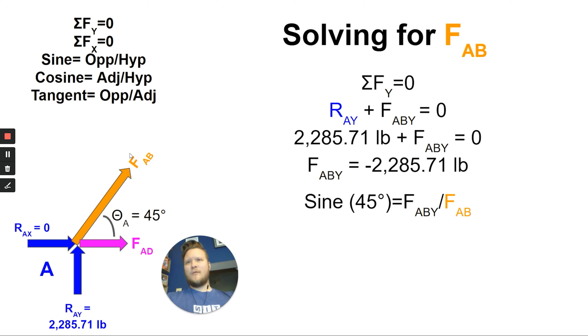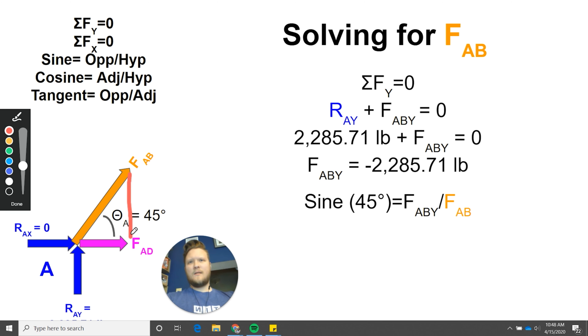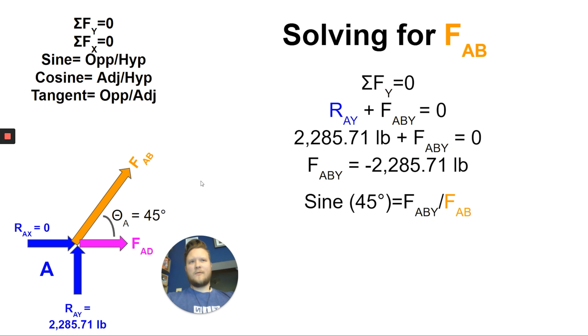After I know what FABY equals, I have my angle and this leg of my triangle, which is opposite my angle. So I'm going to use sine since I'm solving for my hypotenuse. Sine of 45 equals opposite over hypotenuse, FABY over FAB.